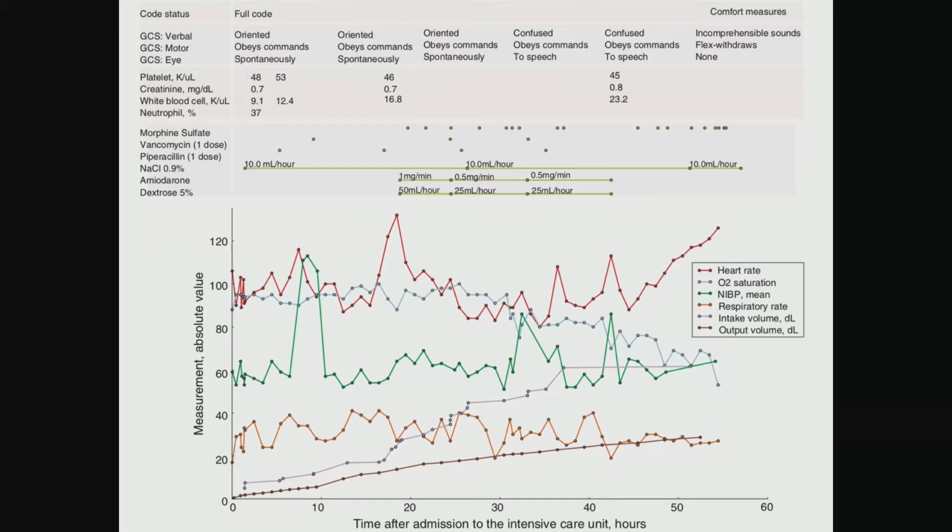So what else do we know about this guy? Well, GCS is the Glasgow Coma Score, and it's a way of quantifying people's level of consciousness. You see that at the beginning, this patient is oriented and then gets confused and finally is only making incomprehensible words or sounds. Motor, he's able to obey commands.